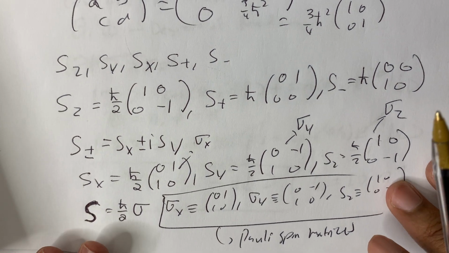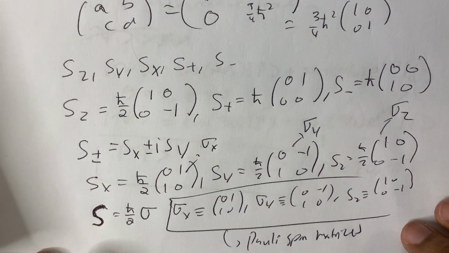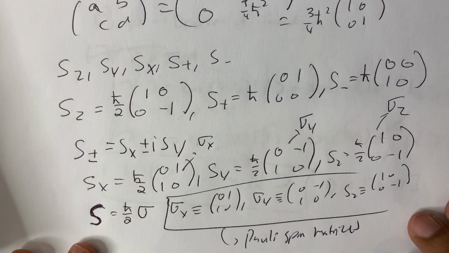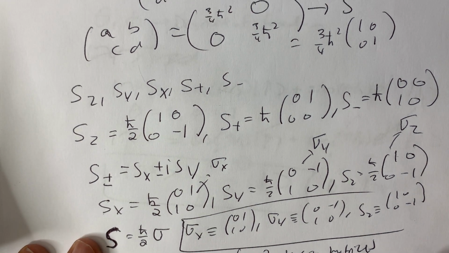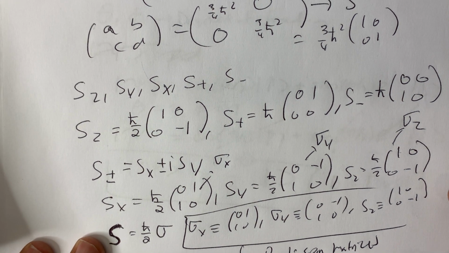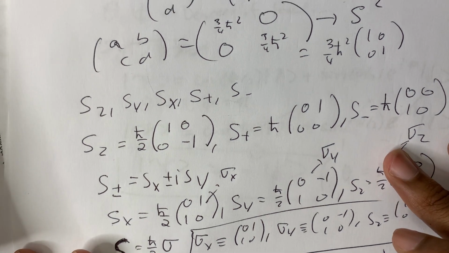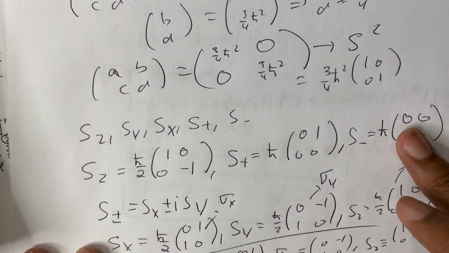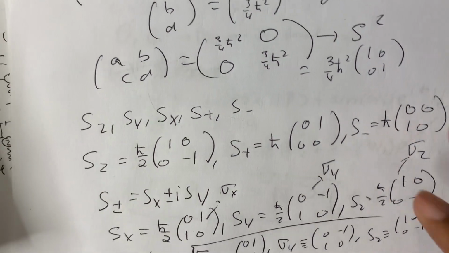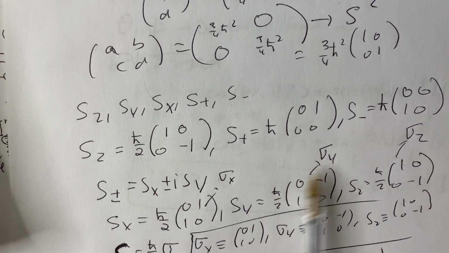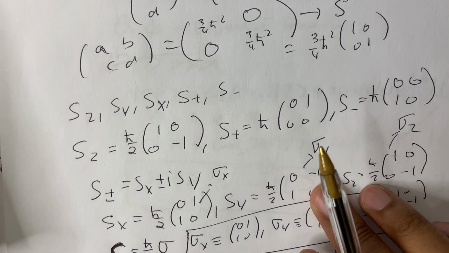I can't really go much further into that because I don't fully understand how this works. I'm making this video to help myself be better at this subject. But gosh, Griffiths has a terrible exposition of spin. But yeah, those are the Pauli spin matrices.